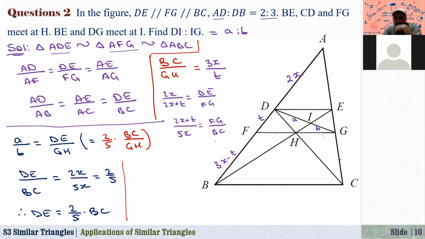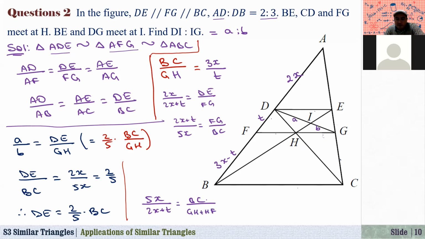FG is GH. So 5x over 2x plus T equals BC over FG, where FG is GH plus HF.